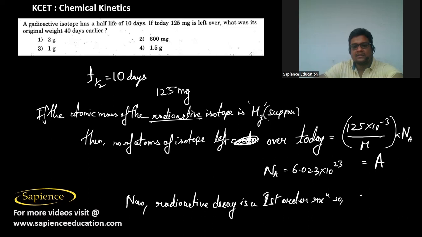So I can say that the number of atoms remaining at any time t is equal to the initial number of atoms into e power minus kt, where k is the radioactive decay constant.